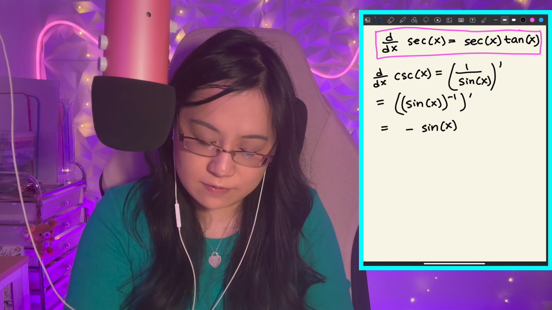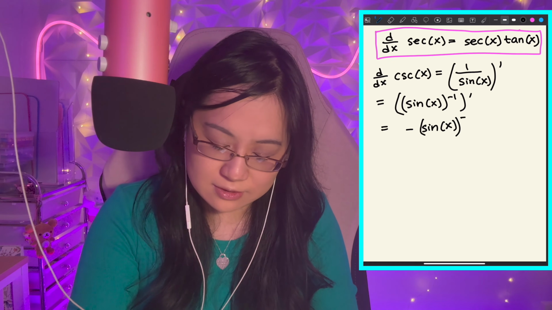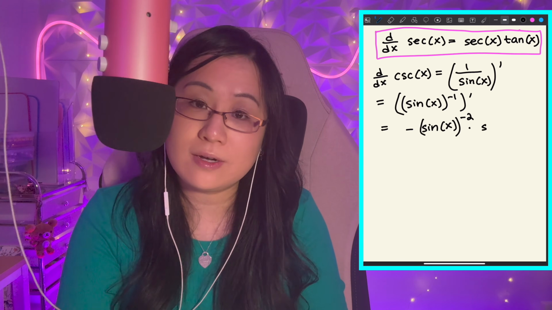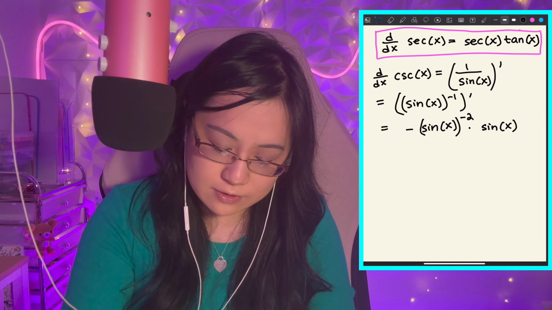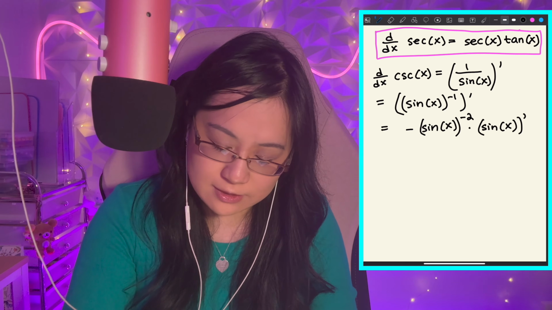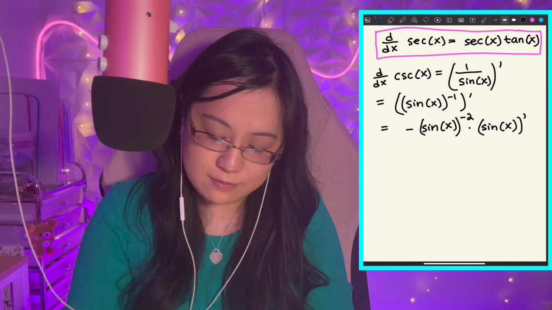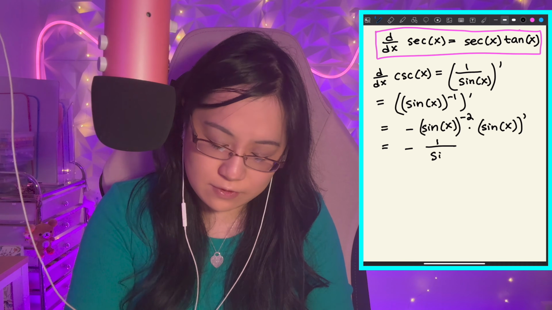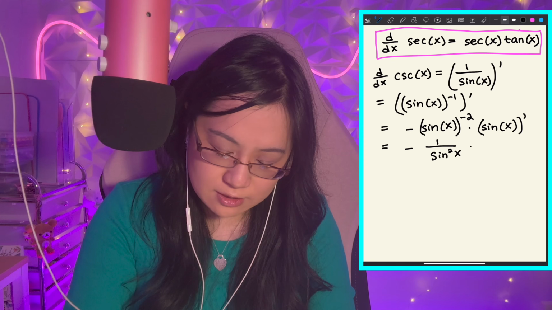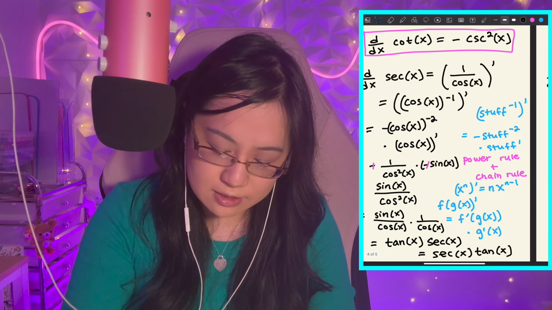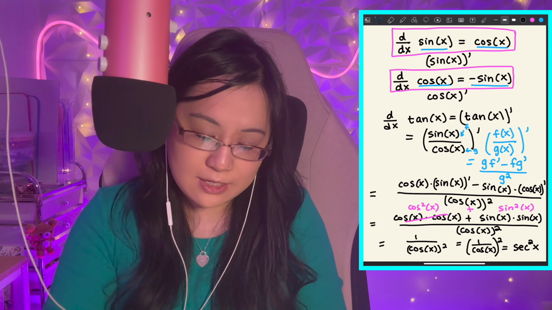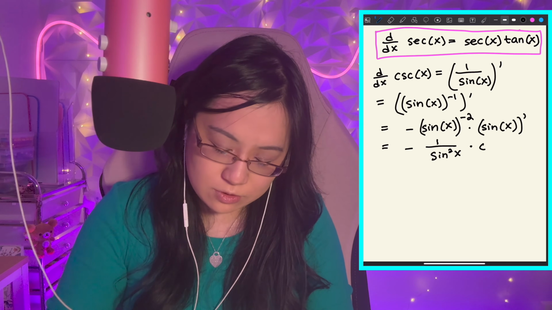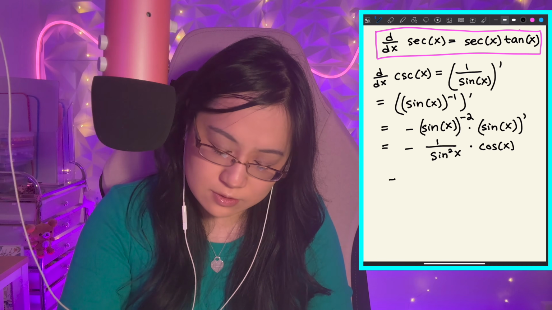So negative x, but it's not really x, it's sine x raised to the power of negative 2. Then I'm chaining on the derivative of the stuff that I said was x, but isn't actually. So we have negative 1 over sine squared x times the derivative of sine, which is cosine x.